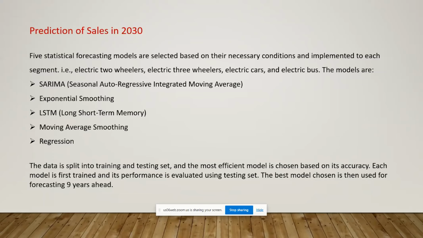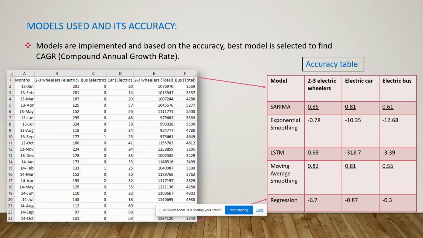The training set is used for training that particular model, and the testing set is used to find out the accuracy, and based on that accuracy I have taken that model to project 9 years ahead. So these are all the models used, and you can see the accuracy table. This accuracy is found by using the testing data, comparing the prediction with the testing data.